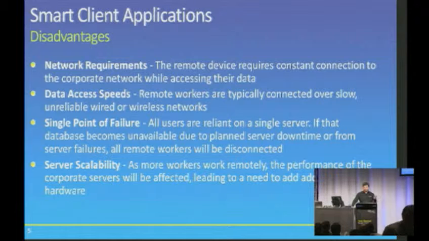Typically not the actual speed of the data over the wire, but the latency of connecting to the server that you need, causing issues with just how responsive and how useful this application is. So we have a bunch of potential disadvantages that mean that our smart client just doesn't perform as responsively and isn't as elegant as a client that's sitting on the network.